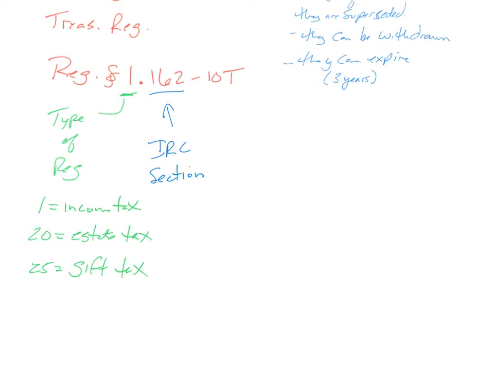Then this next number tells us that that is the regulation number, all right? So by seeing that, we can say that there are at least 10 regulations related to Internal Revenue Code 162, okay? Now, I should say that not every code section has a regulation, okay?